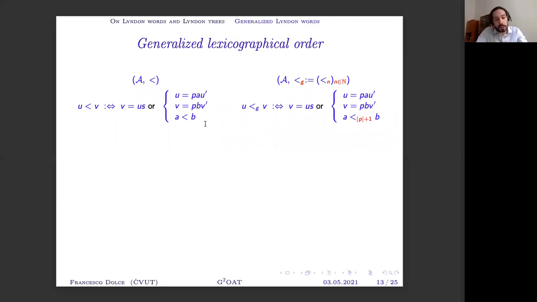But what if instead of considering just one order, like A is more than B is more than C, we decide to change this order for every position? That means that we define an infinite, but countable, series of orders, and we say that U is more than V either if U is a prefix of V as before, or U and V have a common prefix and the first mismatch is such that A is more than B for the order that corresponds to this position.